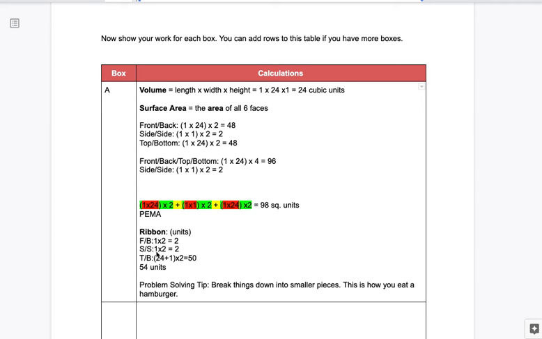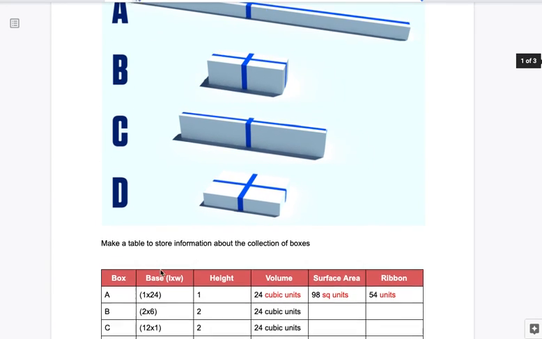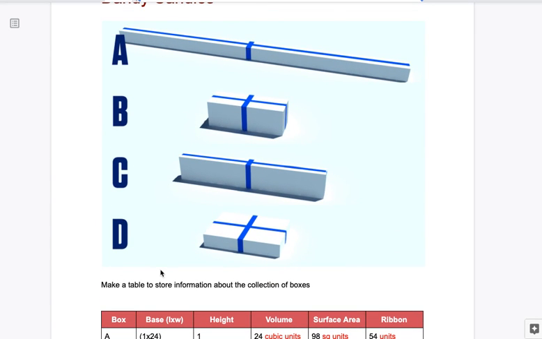The side and side, also 1 times 2. And the top and the bottom, they go all the way down the long 24, and they go across. So 24 plus 1 times 2. And so we get 54 units. And that's how you're going to do that. And you want to do that for each of the boxes and then see what the table says, which is the best way to box these things.